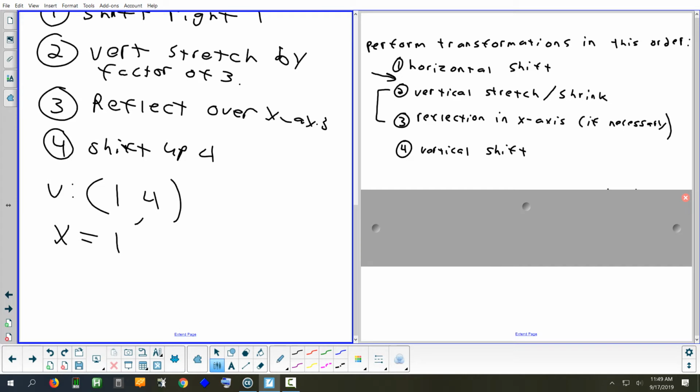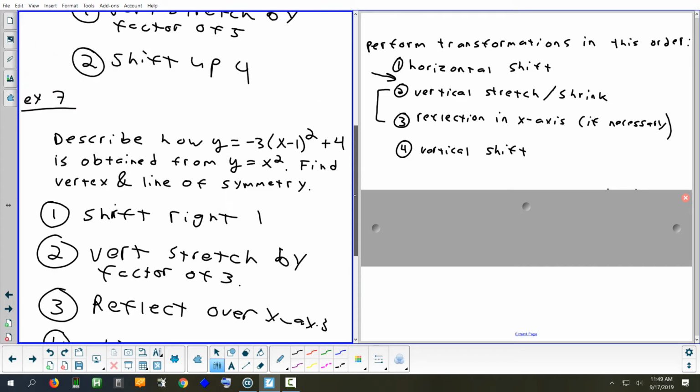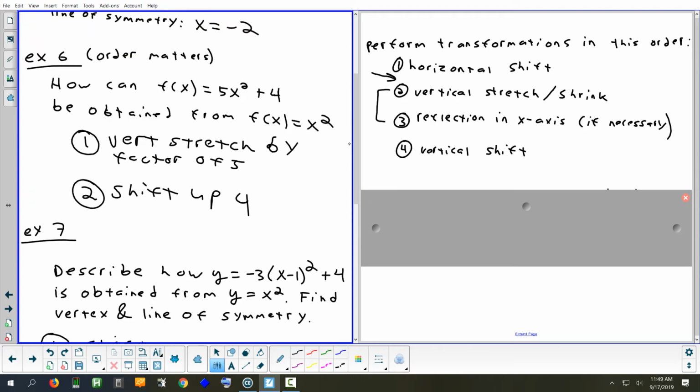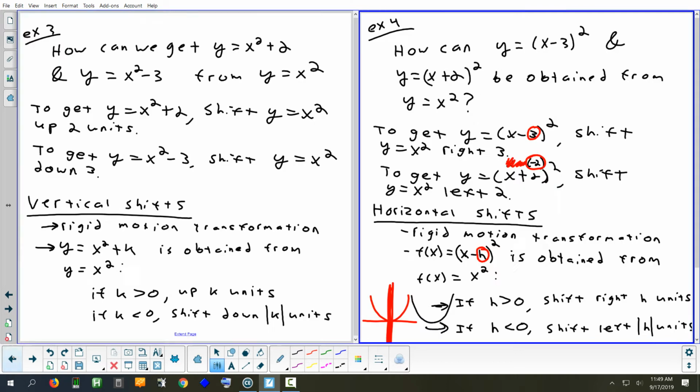All right, so if you look back at all the problems we've done, they've all had a set of parentheses squared, or they just had a number squared and then plus 4.